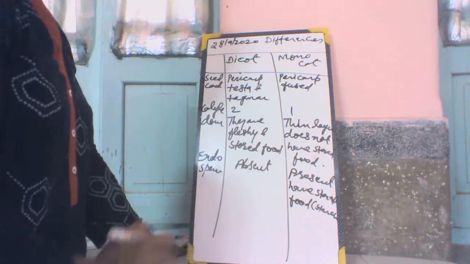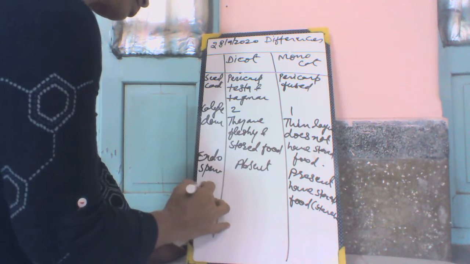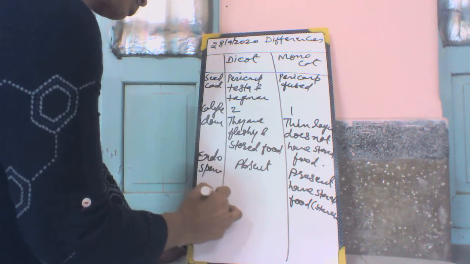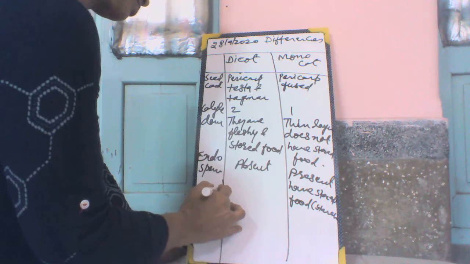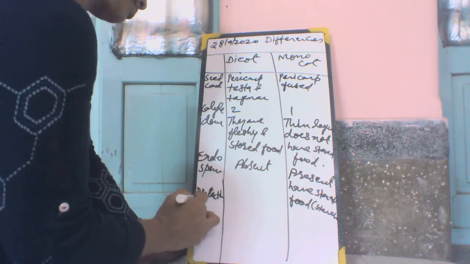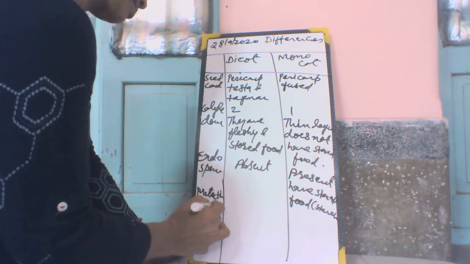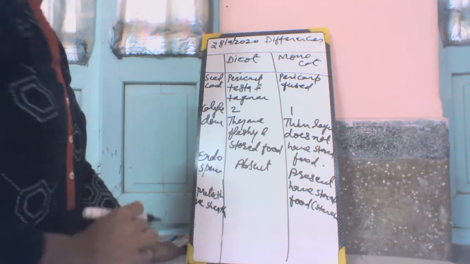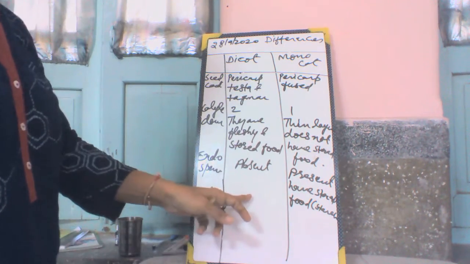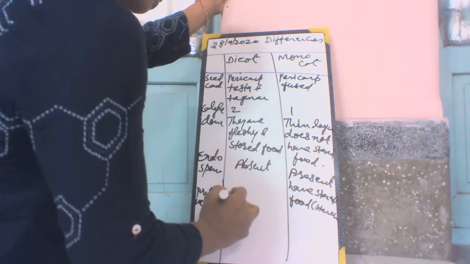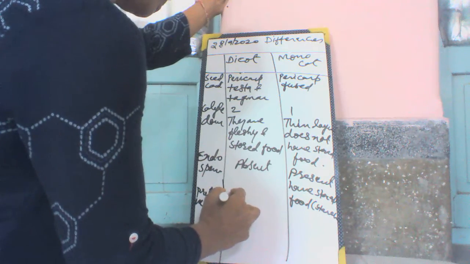Then protective sheath. Here, coleorhiza and coleoptile are absent. Both are absent. No protective sheath is there.